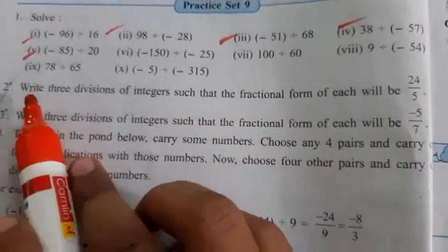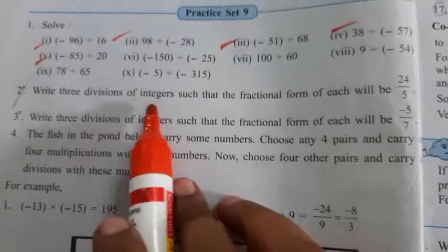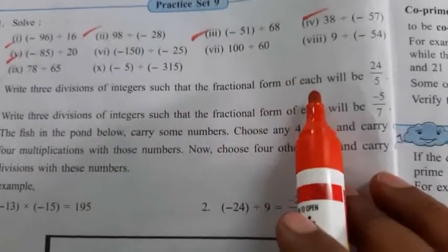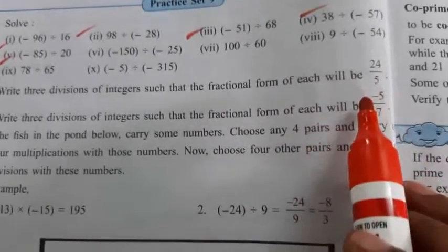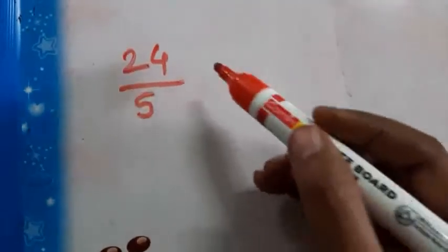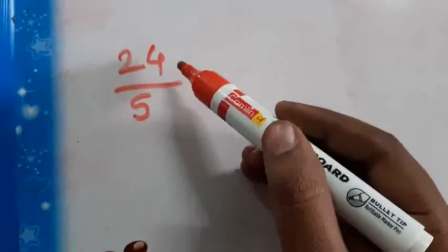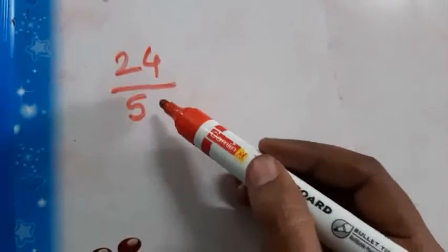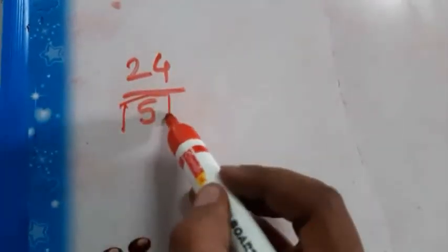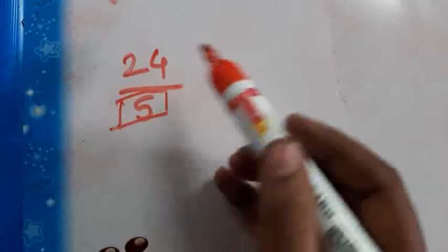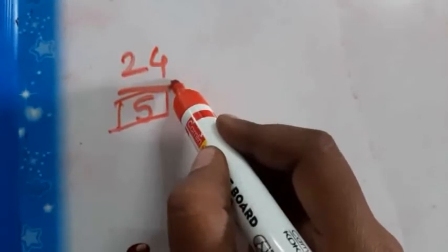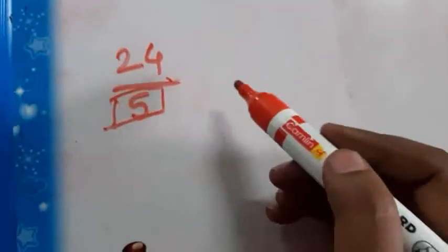Now see second question. Write 3 divisions of integers such that the fractional form of each will be 24 divided by 5. 24 divided by 5 is the shortest form of this fraction because 5 is a prime number and after this division is not possible. So we want to get this form from 3 pairs of integers.